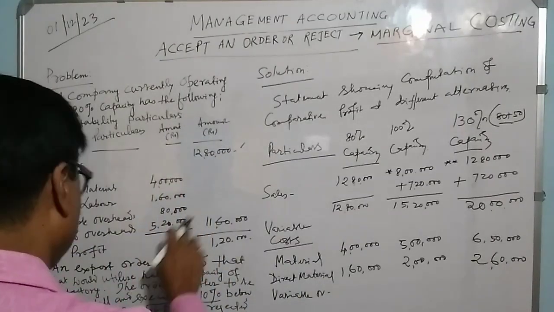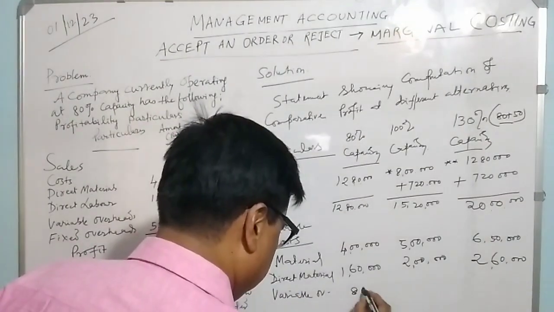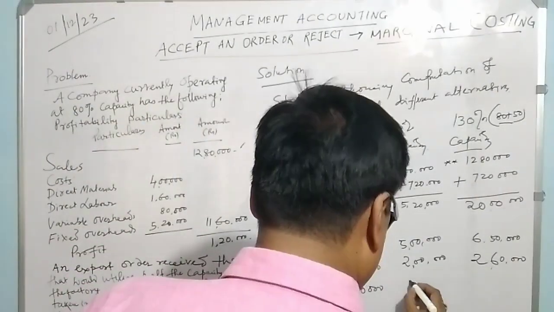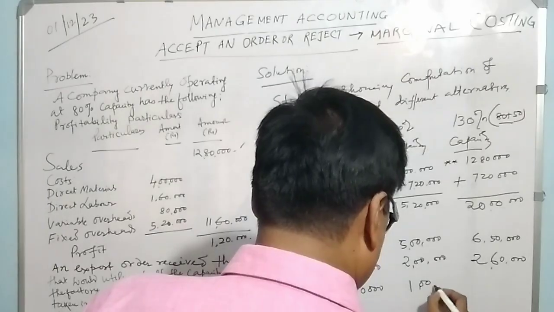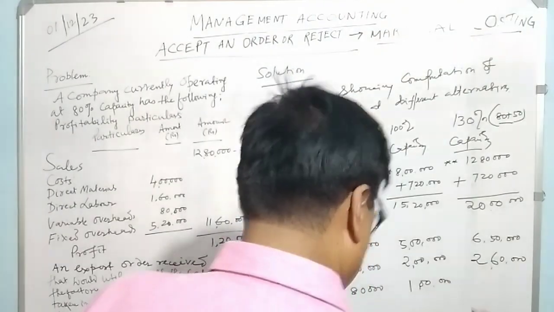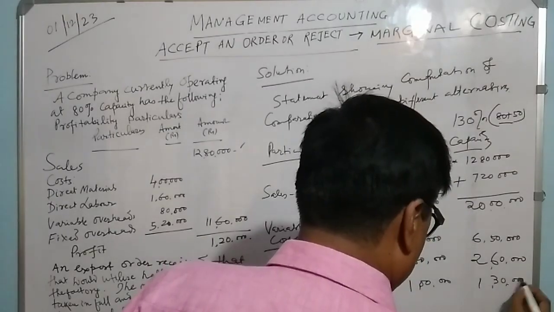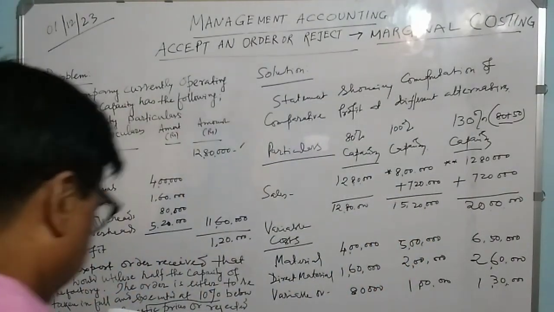Next comes your variable overhead. Variable overhead we have given here as 80,000 at your 80% capacity level. This would become 1 lakh for your 100%, and 1,30,000 for your 130% capacity.